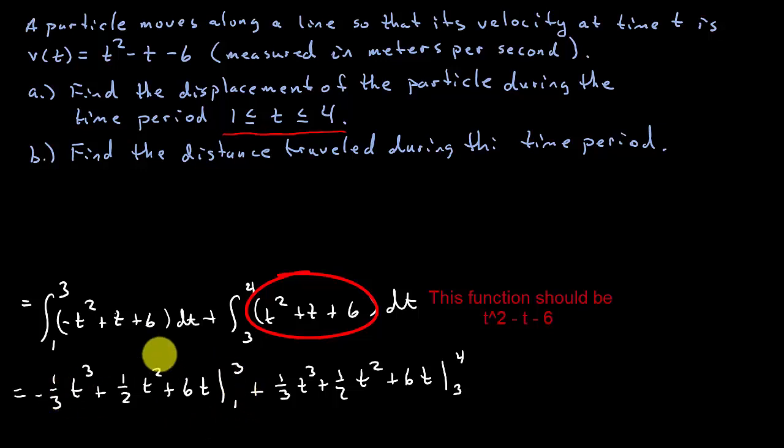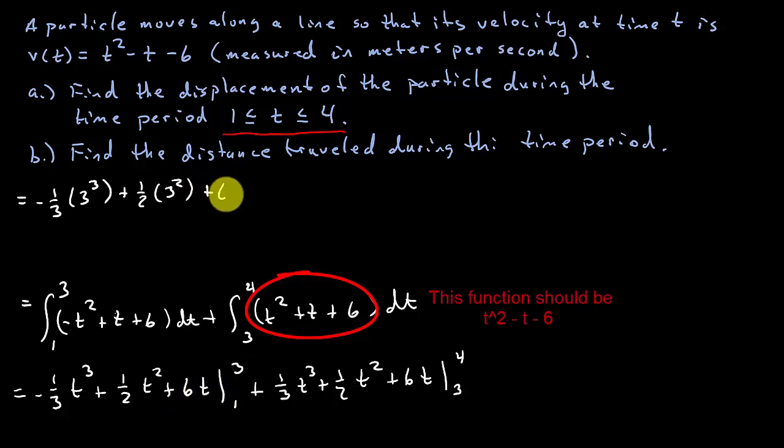All right, so let's get this. So that's going to be what? Negative 1/3. Now plug the 3 in. That's going to be 3 cubed. And then plug the 3 in here. So that's going to be plus 1/2 times 3 squared. And then the 3 in here.